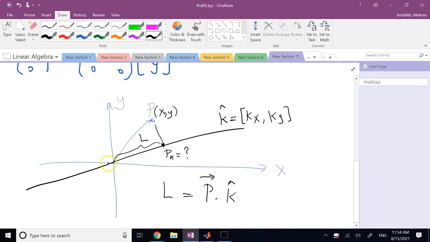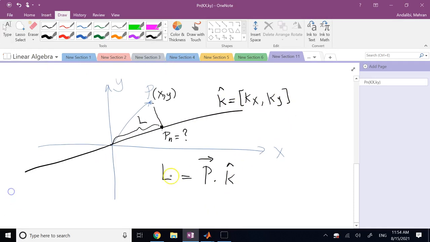Now that I have that L, and it is along what? kx and ky, all I need is to multiply this magnitude by the unit vector. So point Pn is going to be that magnitude times the unit vector. So it's going to be P dot k times k. Correct? So this is projection along an arbitrary axis.